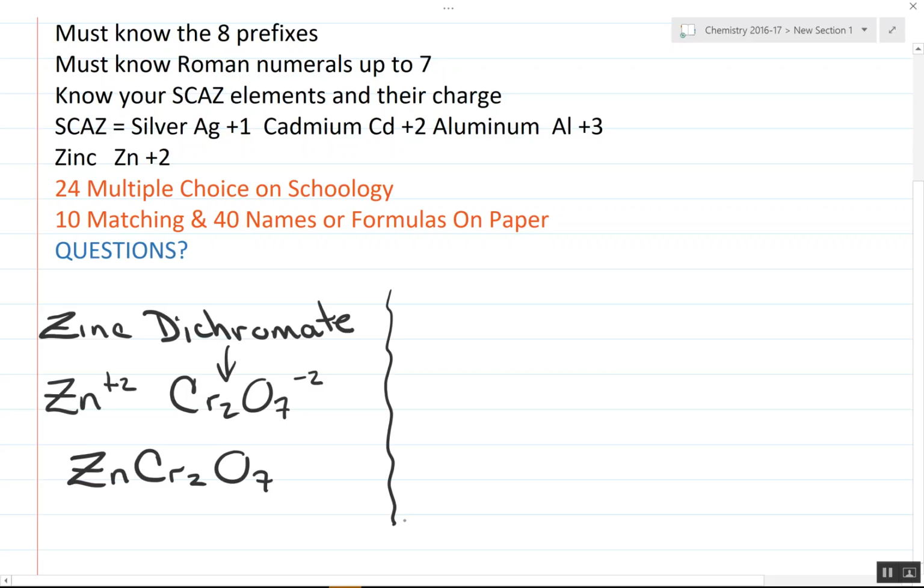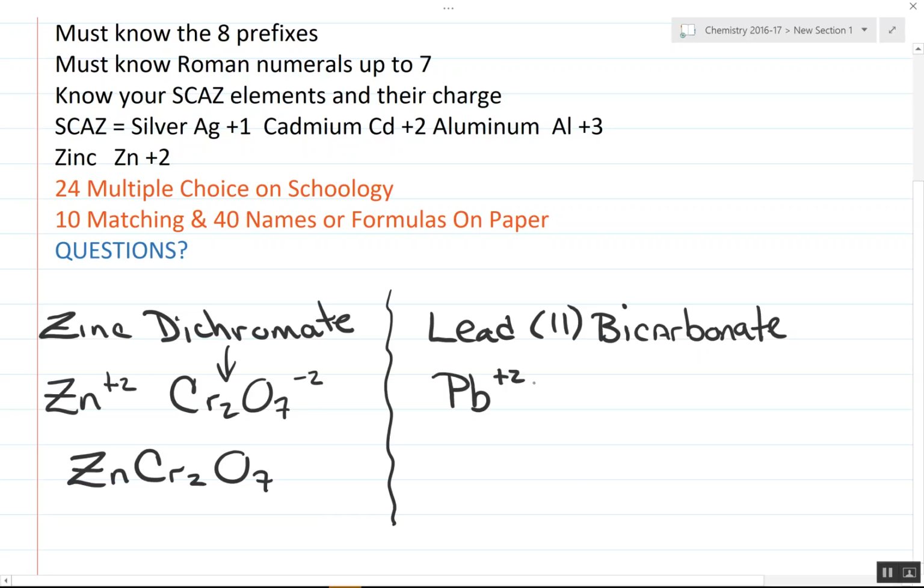Yep. Can you do lead 2 bicarbonate? Lead 2. Okay, this is a good question. It came up last hour too. Bicarbonate is not named technically there. So lead, and the Roman numeral tells you the charge.